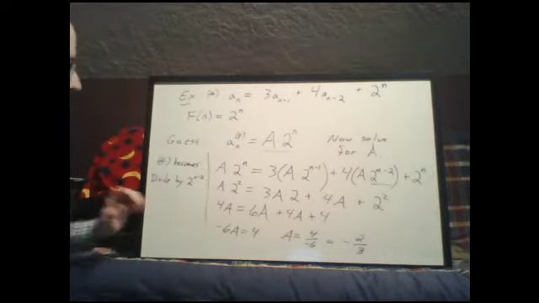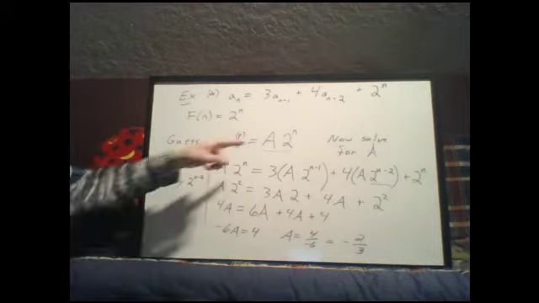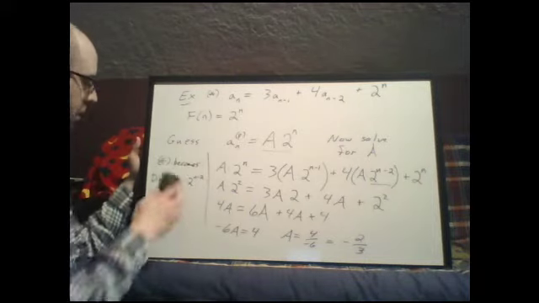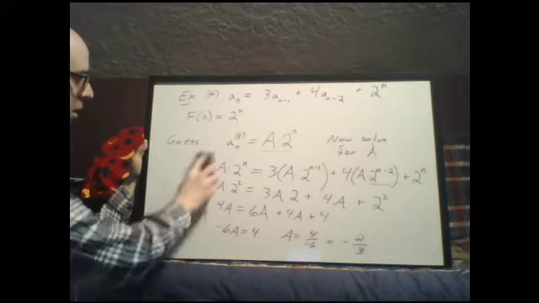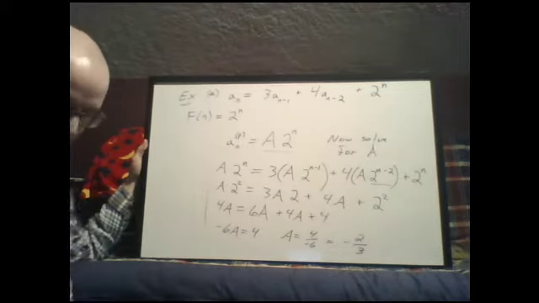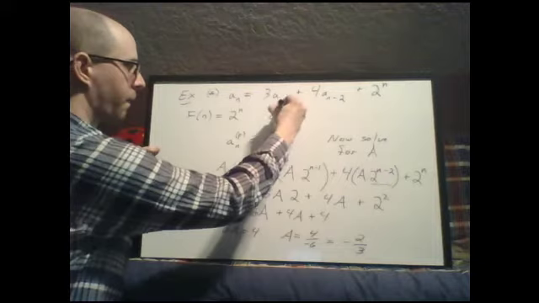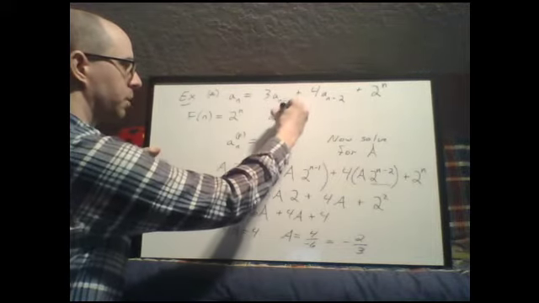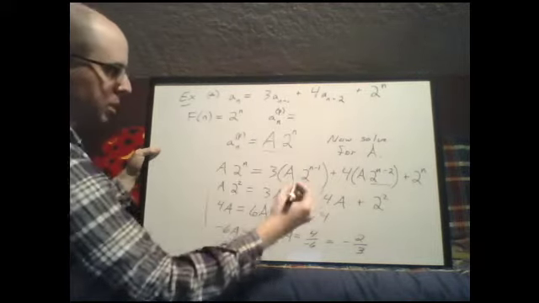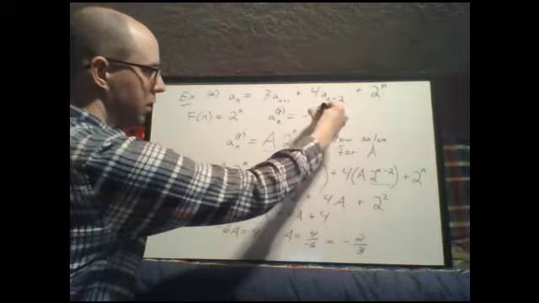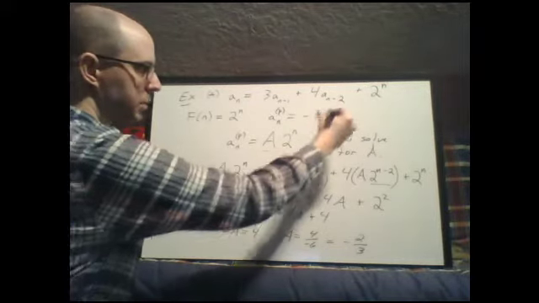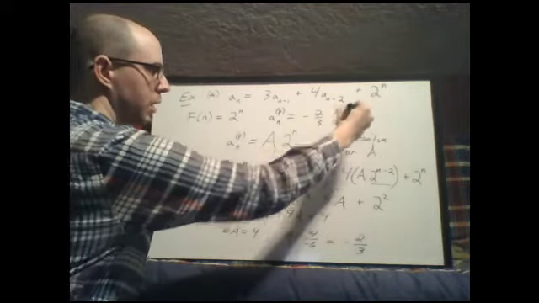So from that, we have our particular solution. So let me copy it here. APN equals negative 2/3 times 2 to the n.